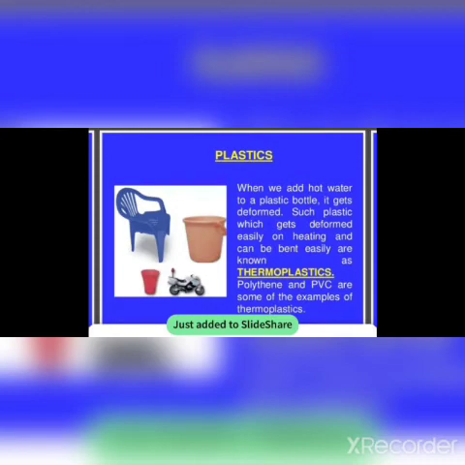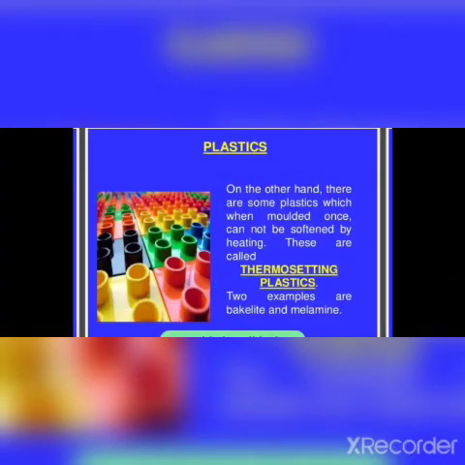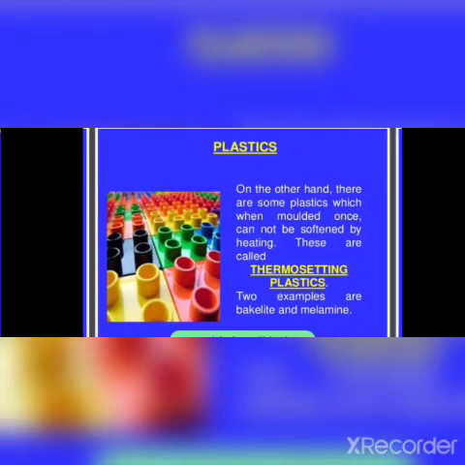Example, polythene and PVC. The expanded form of PVC is polyvinyl chloride. And the other type of plastics, when once molded, cannot be softened by heating, and they are called thermosetting plastics. Example, bakelite and melamine.